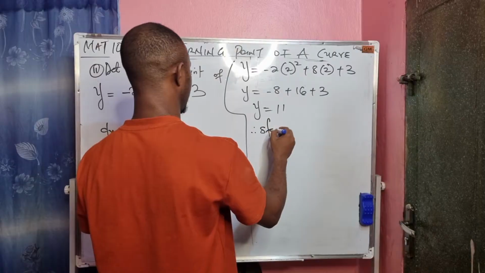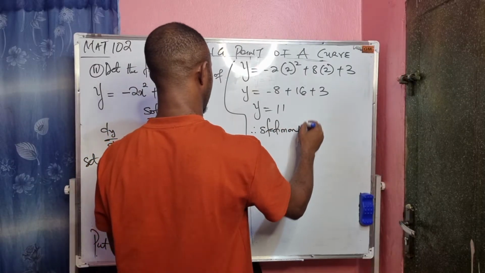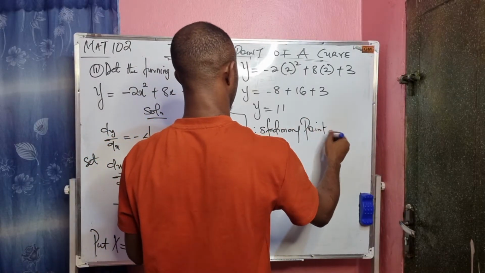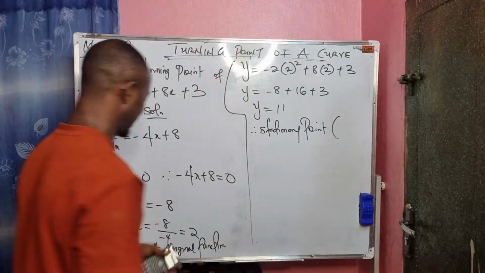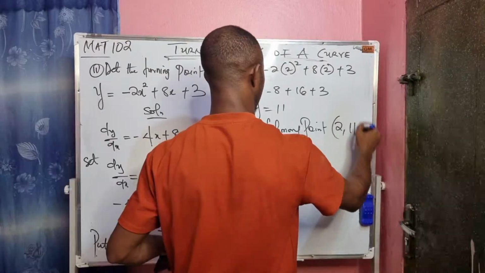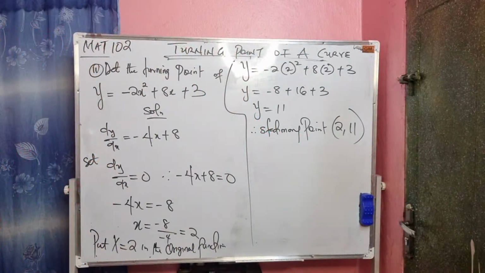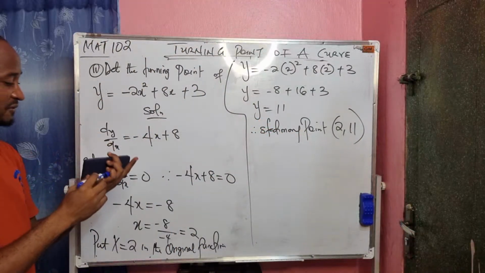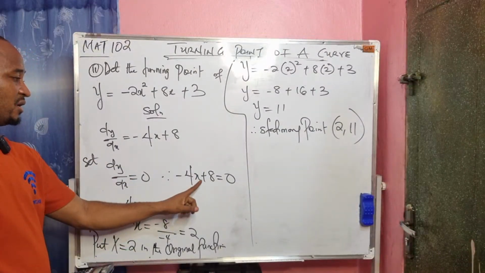Therefore, the stationary point is when x is equal to 2 and y is equal to 11. In this equation, if you notice, the power of x is 1.